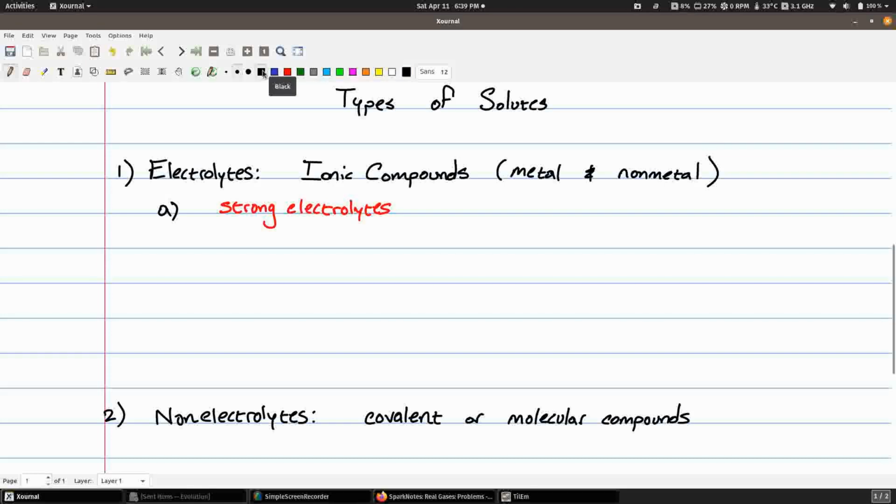But a strong electrolyte is something like sodium chloride or potassium chloride.